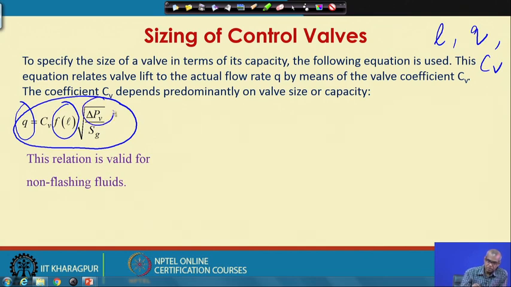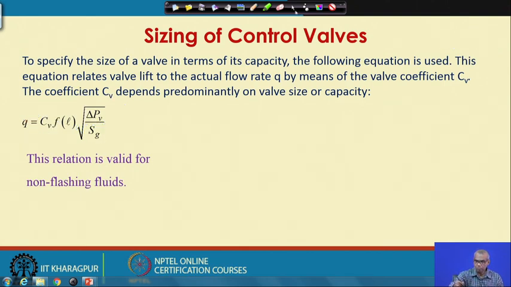Delta PV represents the pressure drop across the valve, SG represents the specific gravity of the fluid flowing through the valve, and CV is the proportionality constant known as valve coefficient. The coefficient CV depends predominantly on the valve size or capacity. The equation that is written is valid for non-flashing fluids.